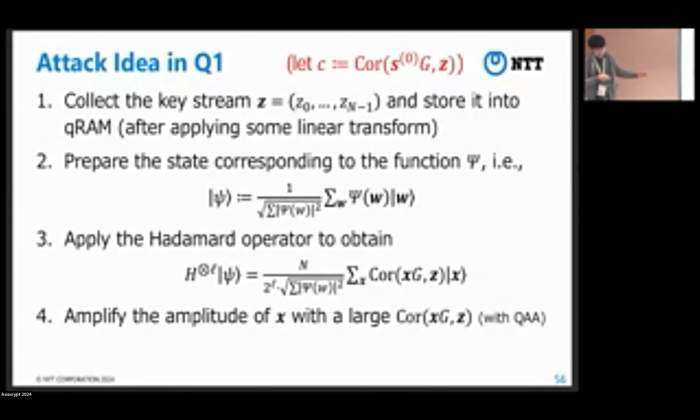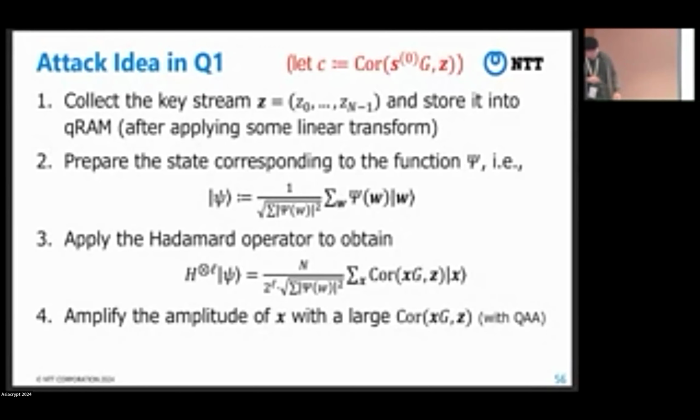In the second step, in the classical setting, we computed the function psi, but in the quantum setting, we compute some quantum state that corresponds to the function, which looks like this. In the third step, the classical attack performed the fast Walsh-Hadamard transform, but here I would like to perform the Hadamard operator.